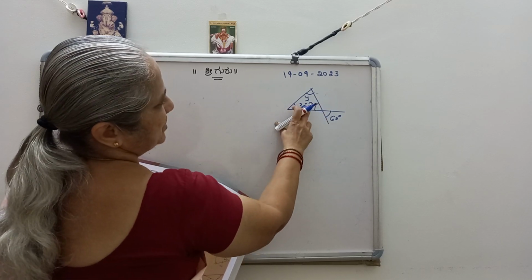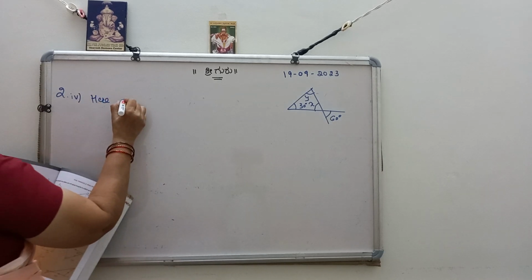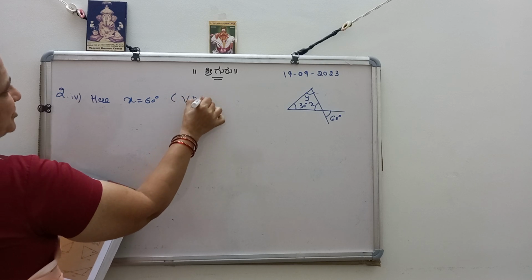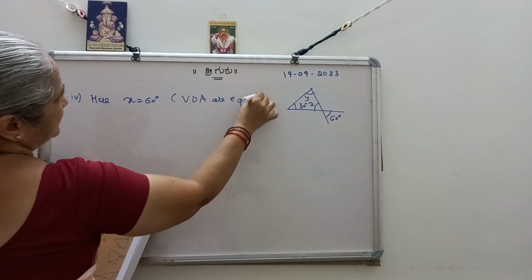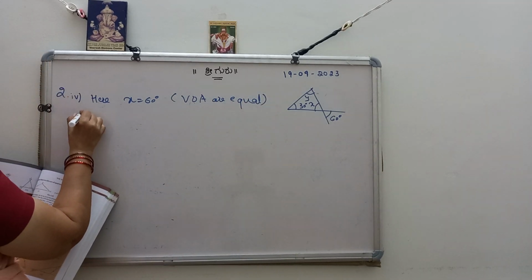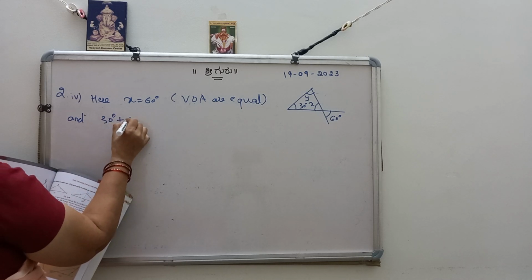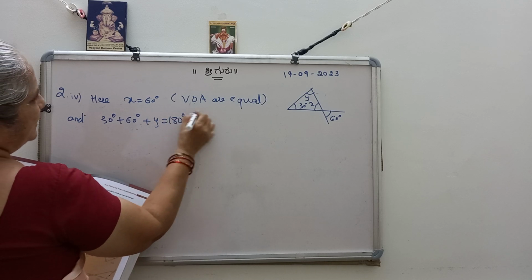First find the value of x. Here x is equal to 60 degrees. Vertically opposite angles are equal, and 30 degrees plus 60 degrees plus y is equal to 180 degrees.